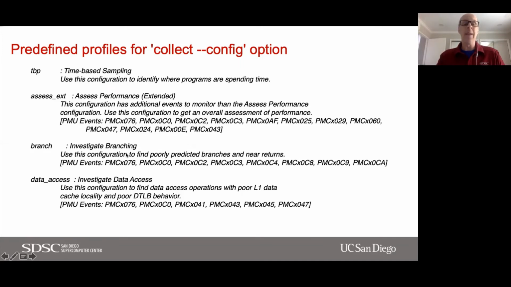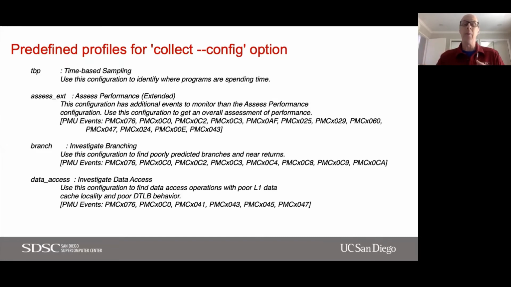You'll notice for each of these that at the bottom, except for the time-based profiling, we have these PMU events, and I forget what PMU stands for, but these are followed by a bunch of event codes, PMC, followed by a 3-digit hex code. These are the names of the specific AMD counters.